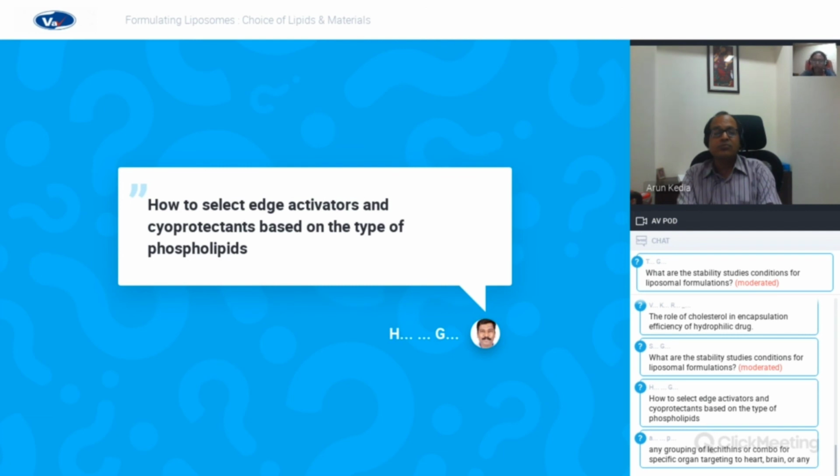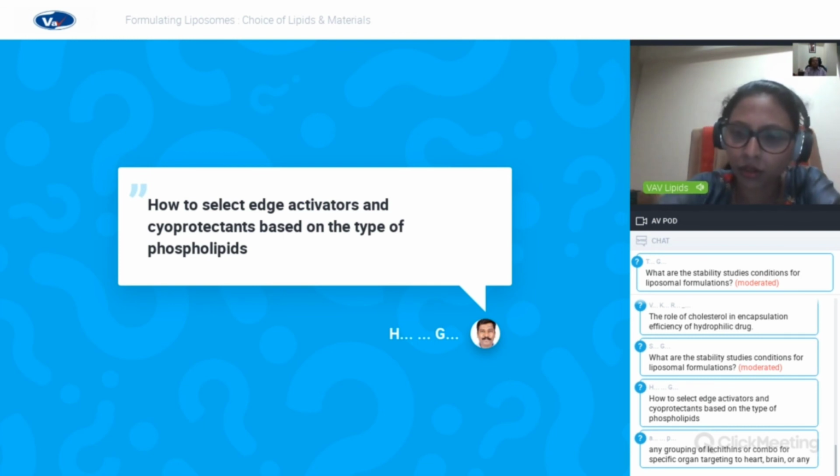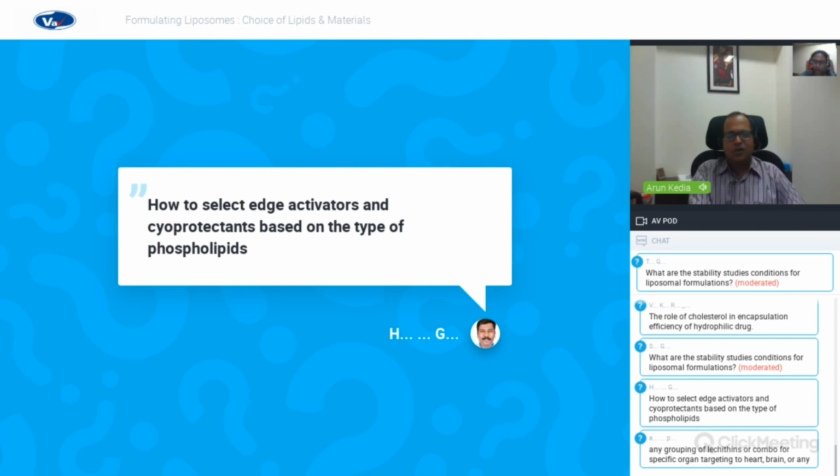Are there any factors which will help to select edge activators or cryoprotectants based on the type of lipids? Again, cryoprotectants, I'm assuming you are referring to the lyophilization process. First of all, we are not very big fans of lyophilization in itself. Then you may not actually need cryoprotectants. If your lyophilization conditions are designed to protect the liposomes, then they will not be extremes anyway.